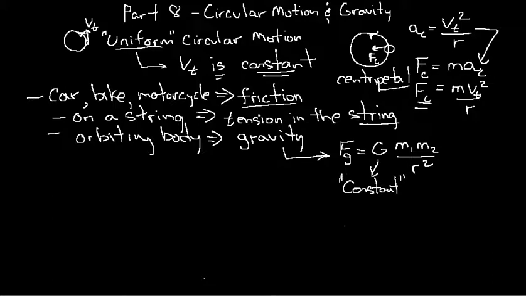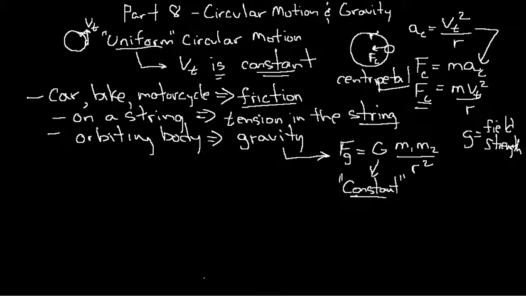That's the constant of gravity, or the gravitational constant. It is not the gravitational field. Remember, little g was the field strength. Capital G is the gravitational constant. Anytime you have two masses, you have a force of gravity between them, and they attract and they're equal and directed towards each other. This little r squared is the distance from center to center between the two objects.